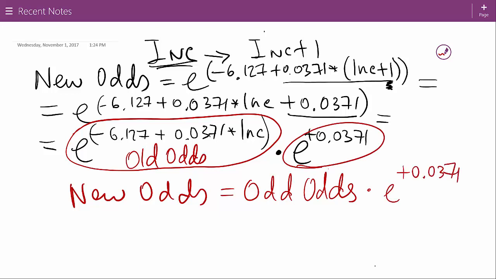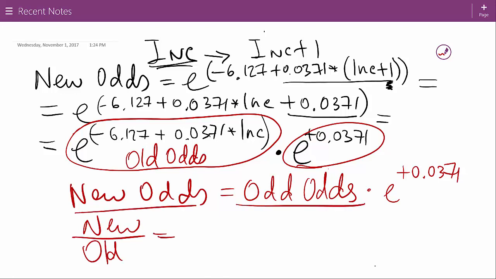Or alternatively, I can rewrite it like this: new odds divided by old odds, so I divide everything by old odds, this cancels out, are equal to e to the power plus 0.0371. All of that is just a bunch of mathematical juggling to get to this expression.